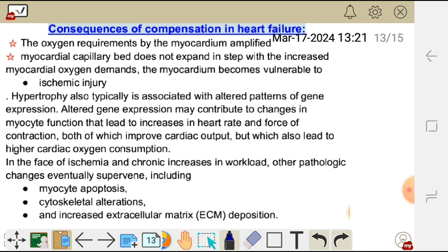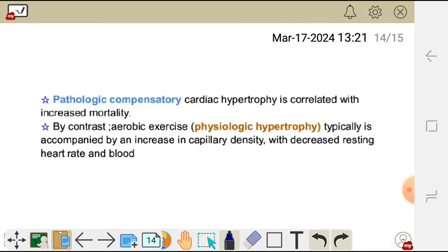The myocytes are not supplied with oxygen, so that will activate the apoptosis cascade and they will die. And then apart from that, we are going to have cytoskeletal alterations, and we are going to have increased extracellular matrix deposition. Okay, so these are the consequences which will be observed.